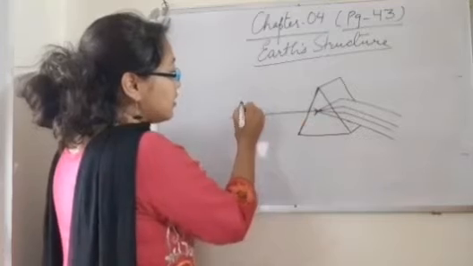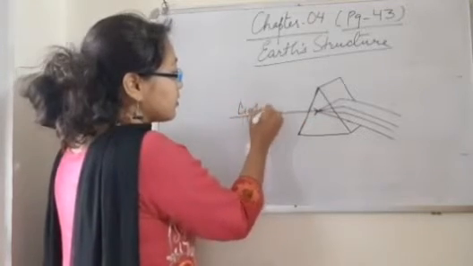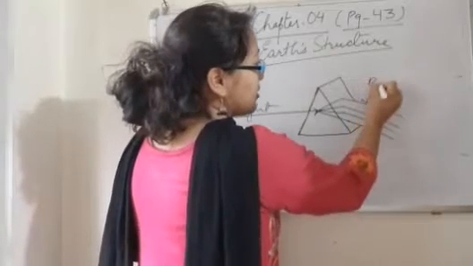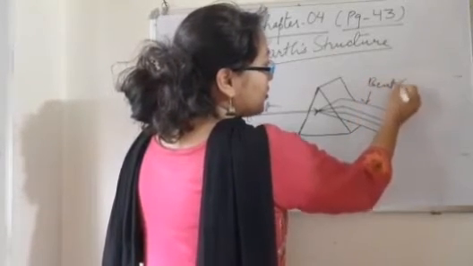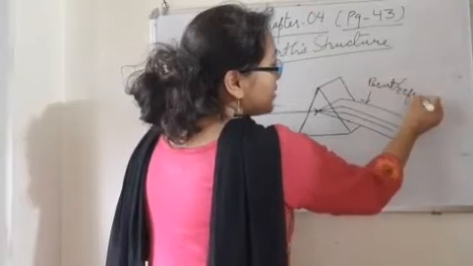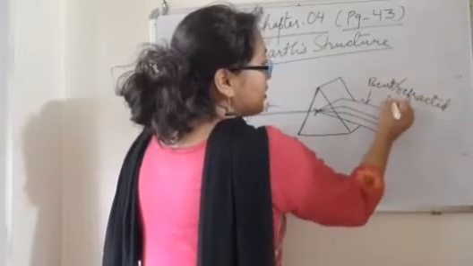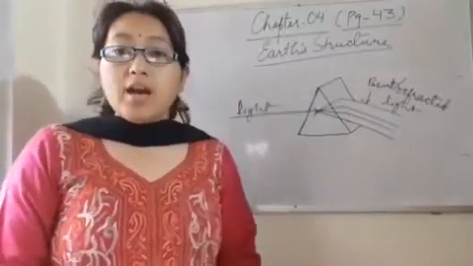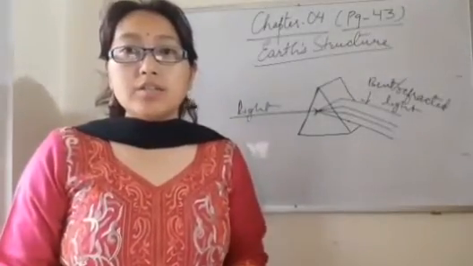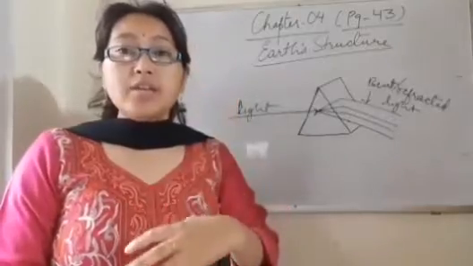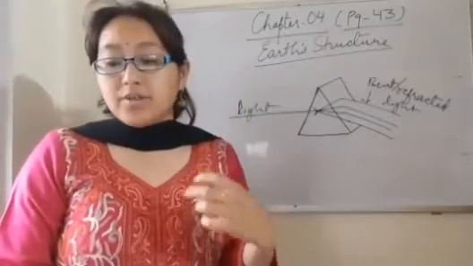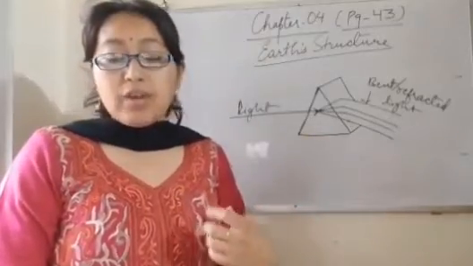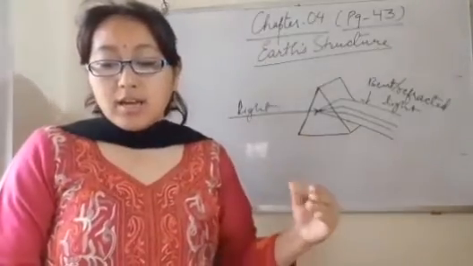So this is light, bent, refracted light. In the same way, when an earthquake occurs, the energy is released and seismic waves pass through the earth.